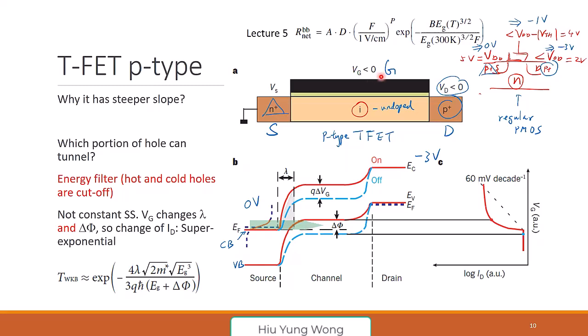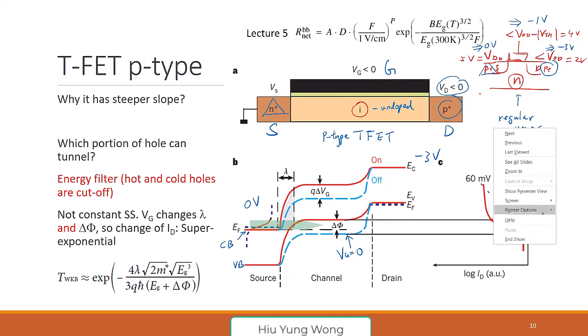When this one is at 0 bias, this one, blue, Vg equal to 0, you get this band diagram. Is that okay? For the blue one, that's how you draw the band diagram. What happens if Vg becomes negative, how much? 1 volt.